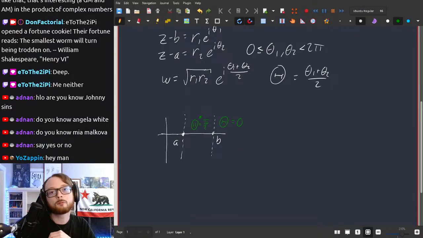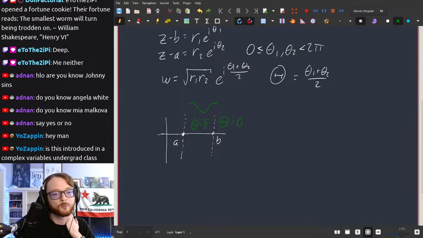So if they're both pi over 4, you get... Okay, so in this zone, I imagine a graph of big theta would start at pi over 2, dip down, and come back up to pi over 2, I guess.